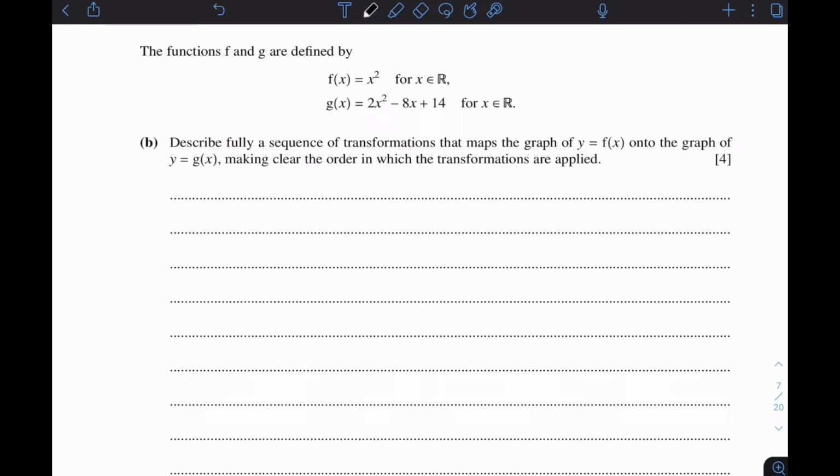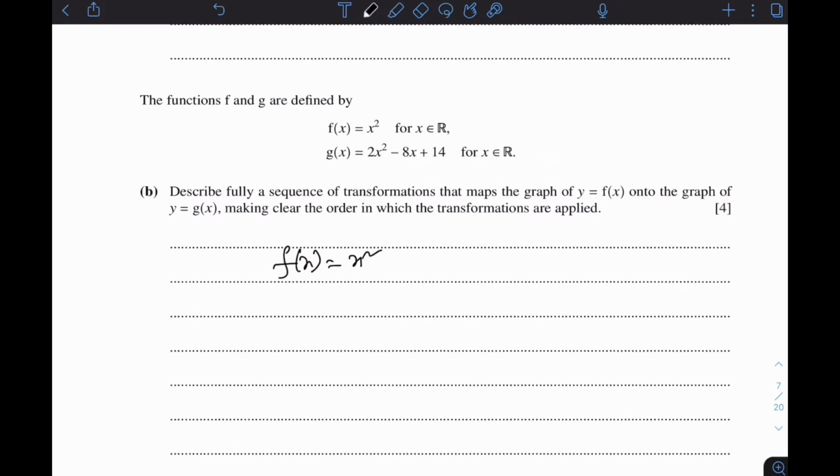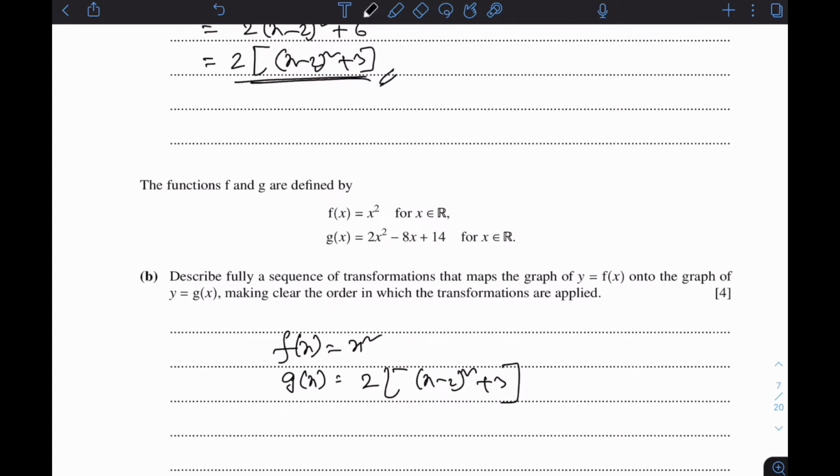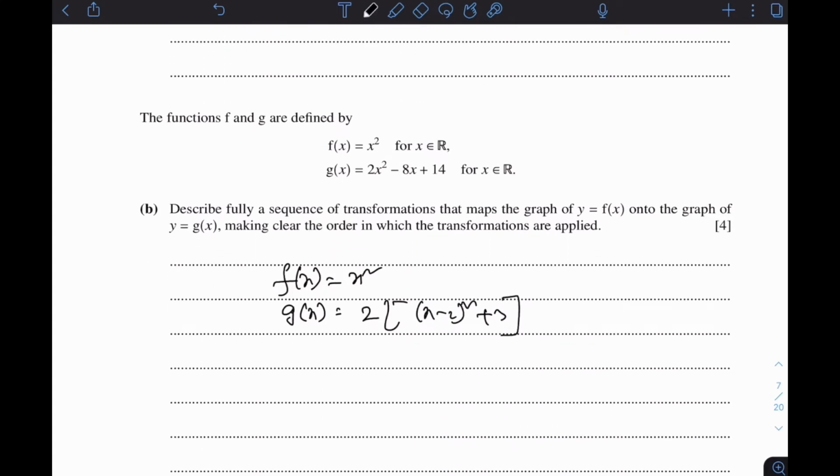Now, already we have seen f(x) is x square, and we have already changed this function g(x) as 2 (x minus 2) whole square plus 3. Now let us compare these two.